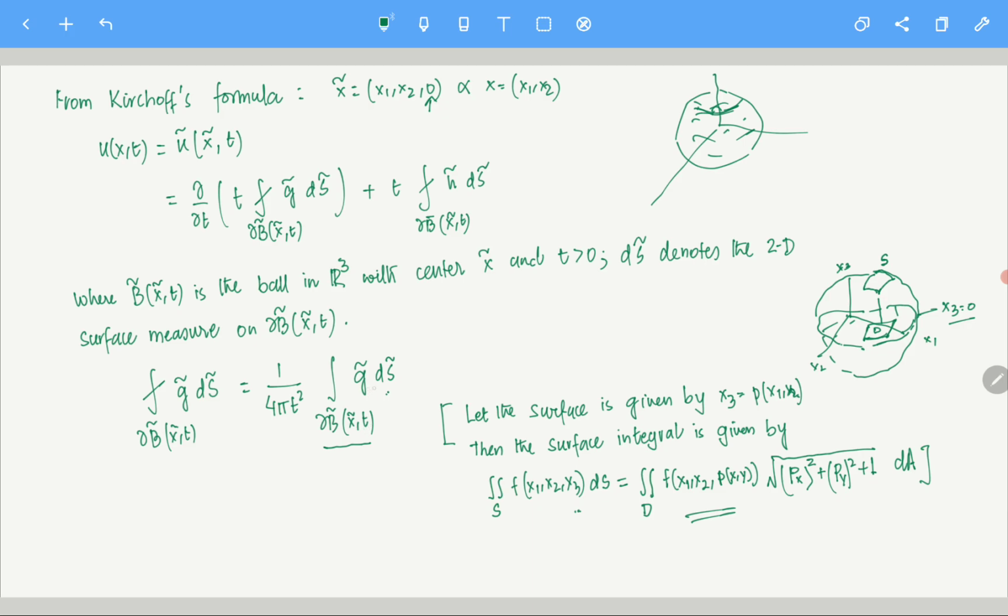So you see, for us, this g tilde, if you think about it, is independent of the third variable, right? Yes or no? Just think about it for a moment.